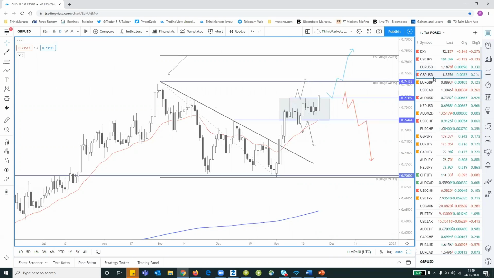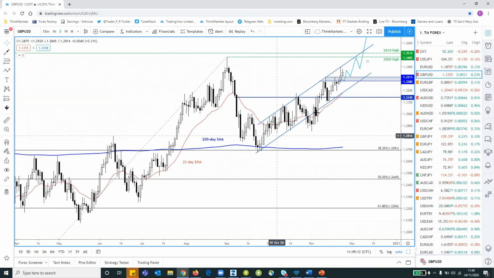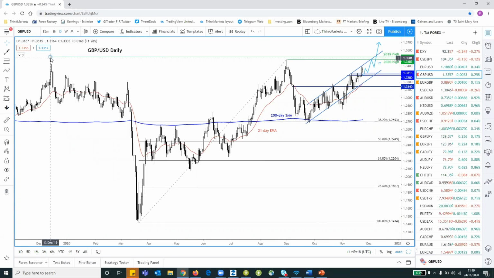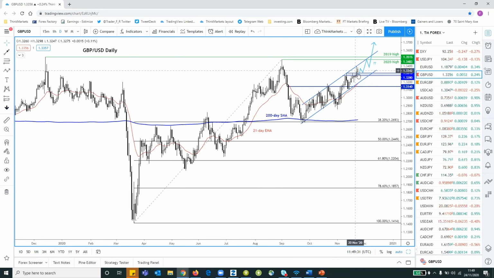If you look at the pound here, it's rising inside this bullish channel. It's getting ever closer to that 135 handle, which is the high from last year and also the high from this year as well. Those two highs come in at or around the 135 handle, and that's where I think the pound is most likely headed from here.